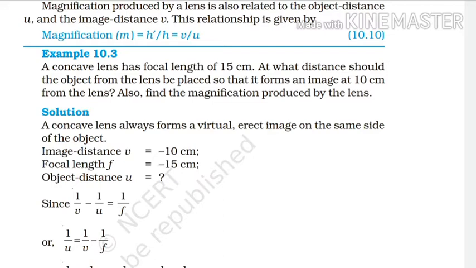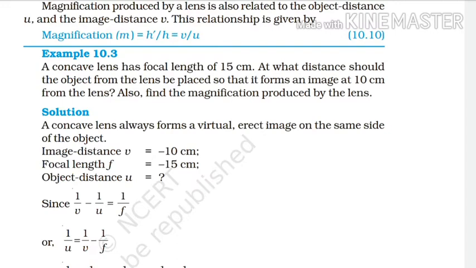A concave lens always forms a virtual erect image on the same side of the object. We know very carefully that a concave lens always forms an erect and virtual image on the same side of the object. So the image distance is always taken as negative, the focal length of the concave lens is always taken as negative, and the object distance will also be negative, but it is not given in the question, it has to be found out.